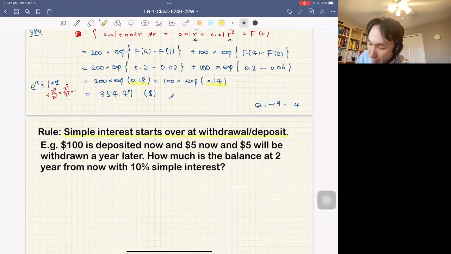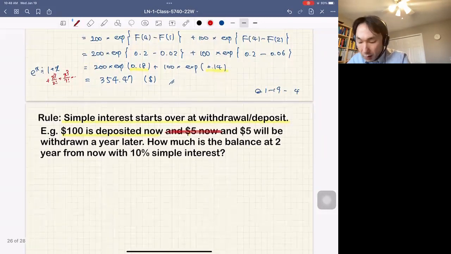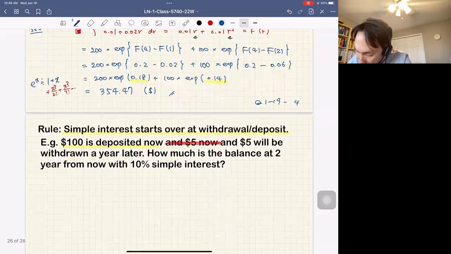For example, suppose $100 is deposited now, and $5 will be withdrawn a year later. How much is the balance at 2 years from now with 10% simple interest?